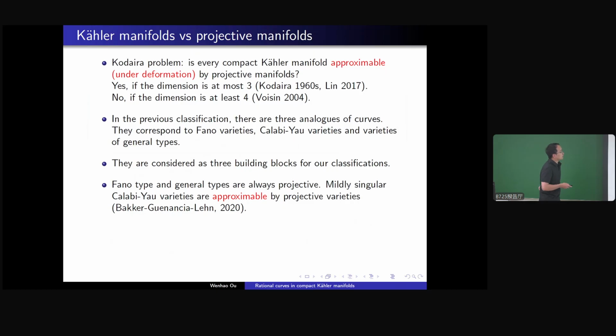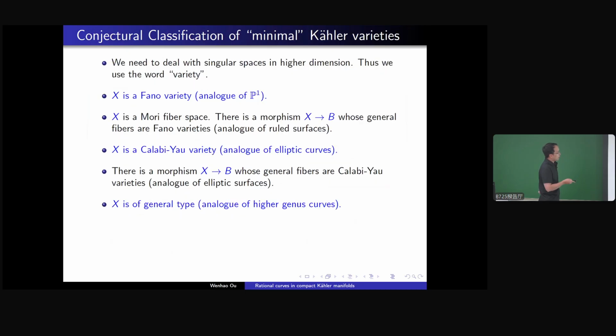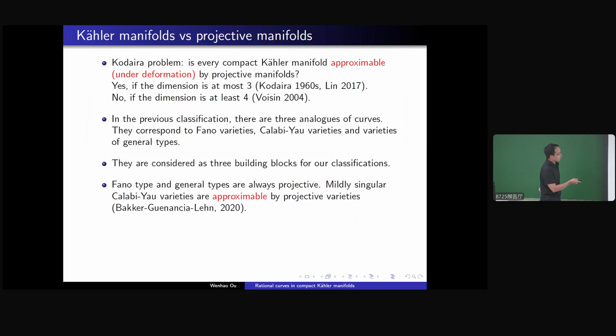So maybe the defect from general Kaehler manifolds to projective manifolds lies in the fibrations in these 2 black classifications, or the blow-ups, or the birational transforms, because the 3 building blocks are approximable by projective varieties. So this might be a picture of the conjectural classification of compact Kaehler varieties.